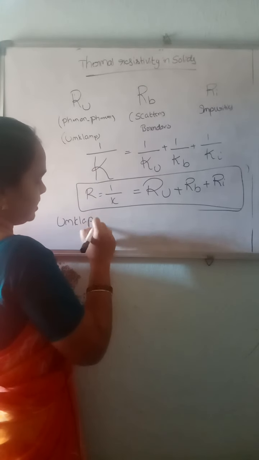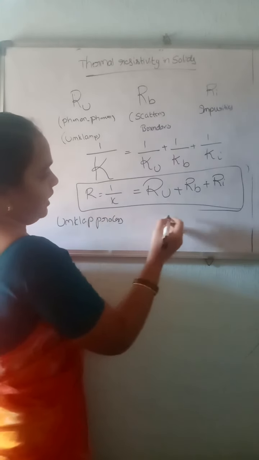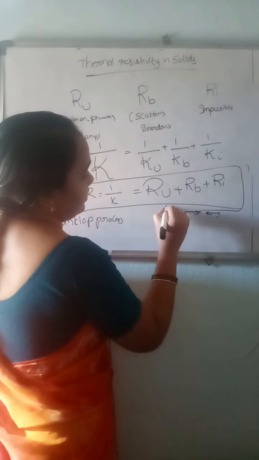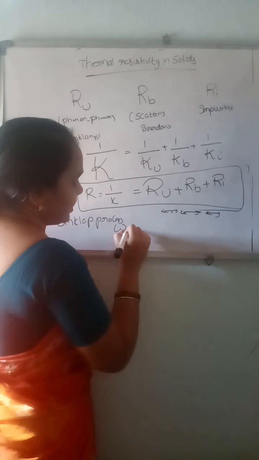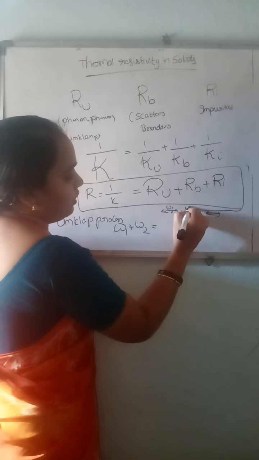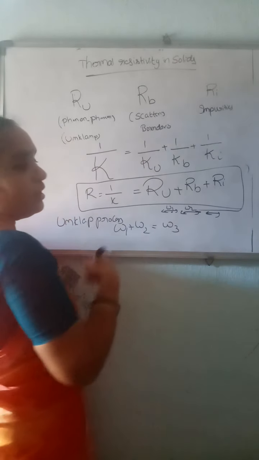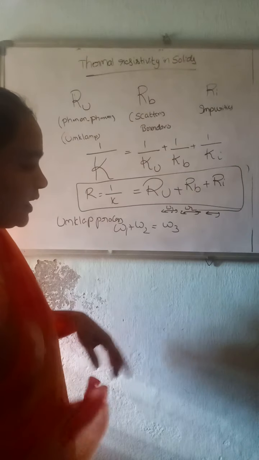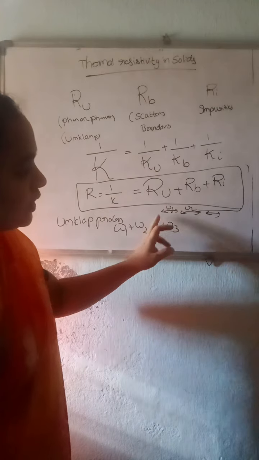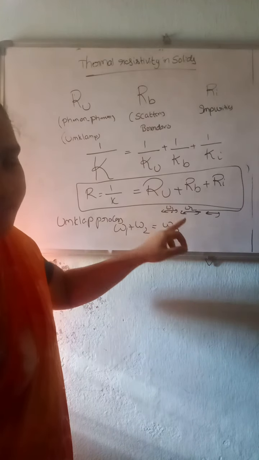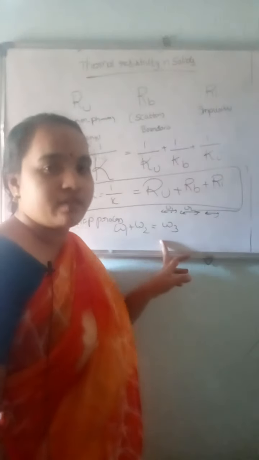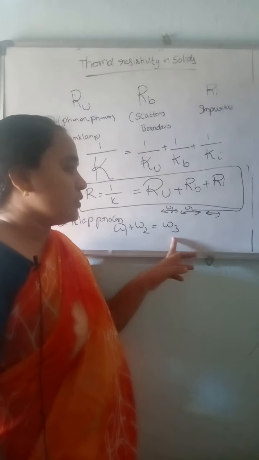The first one, the Umklapp process. What is the Umklapp process? Atoms vibrate and generate phonons. Two phonons having angular frequencies omega 1 and omega 2 will generate a third phonon of angular frequency omega 3. This phenomenon is called the Umklapp process.